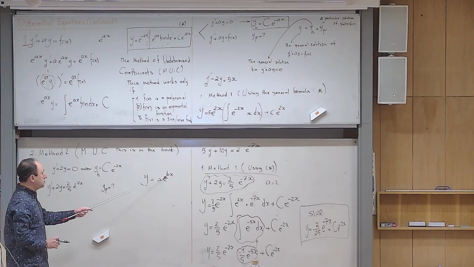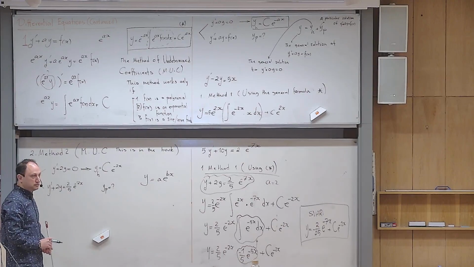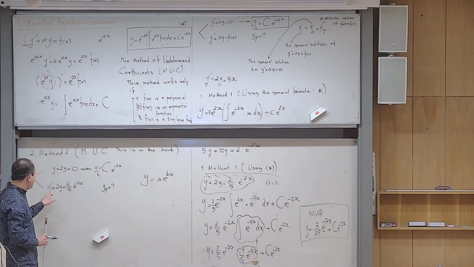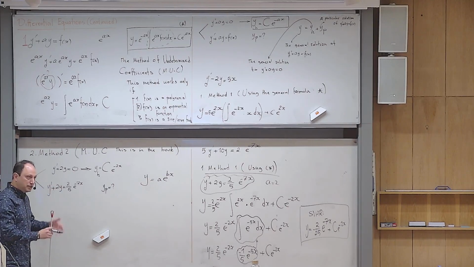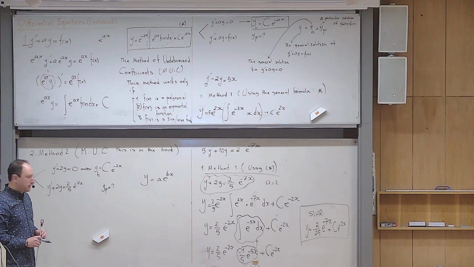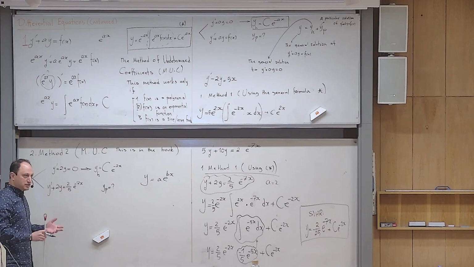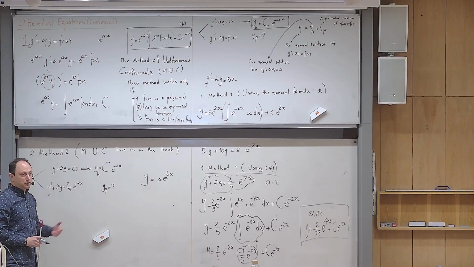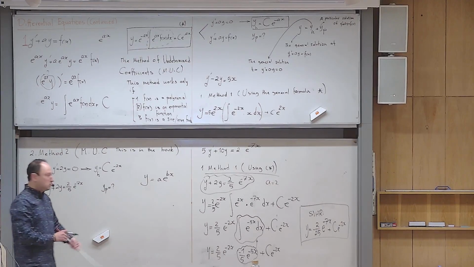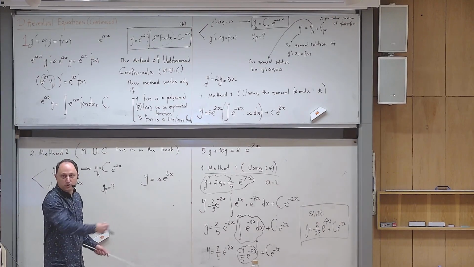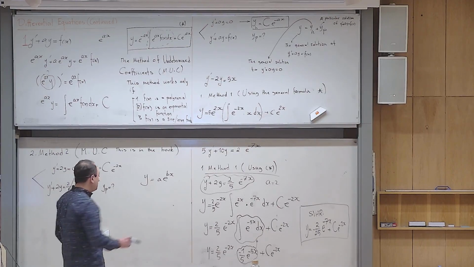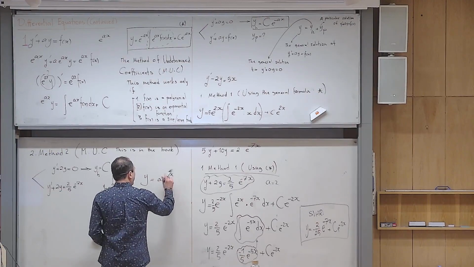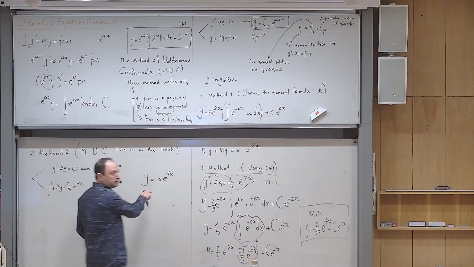Can I choose b to be 6, for example? No, because if I have b equal to 6, then y prime becomes a multiple of e to the power 6x. And this is also e to the power 6x. If I combine them, there is no way for me to get e to the power of minus 7x. So it is not very natural to start with all guesses. What is the most natural guess for b? Minus 7. But still, I might not be able to guess the correct value for a.